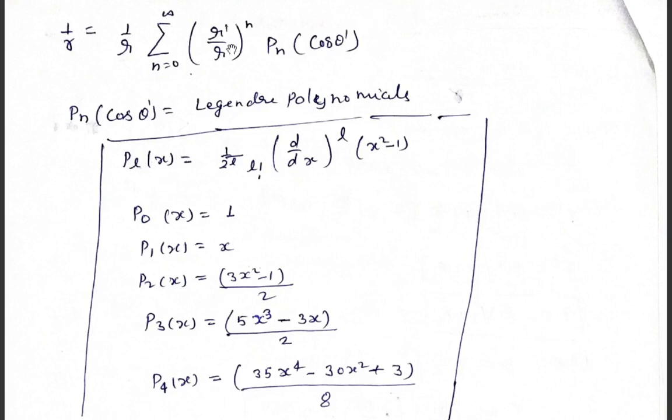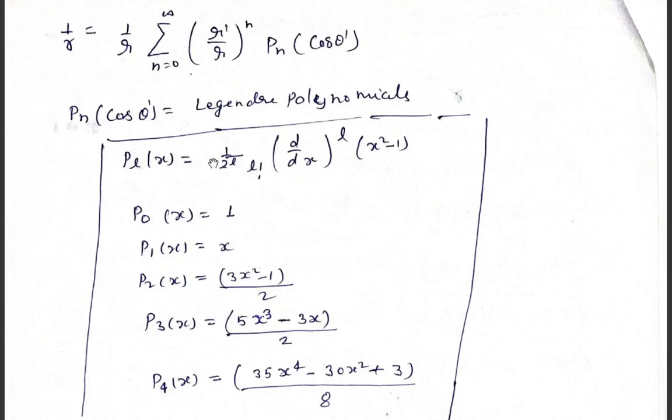If you write the Legendre polynomials, they can be written as PL of x, where x may be any arbitrary quantity. In our case, x is equal to cos theta prime. So PL(x) can be written as 1 upon 2 to power L factorial into d over dx to power L of (x square minus 1) to power L, where L can be from 0 to infinity obviously.